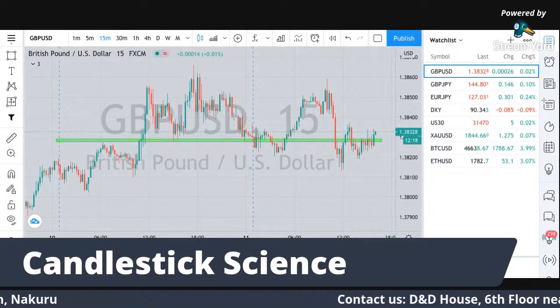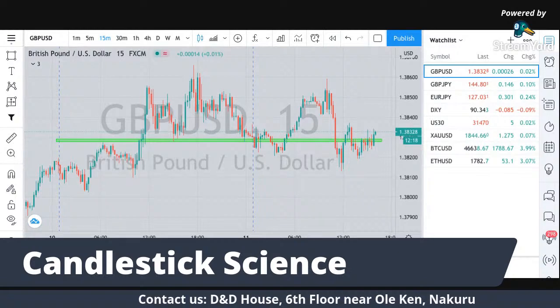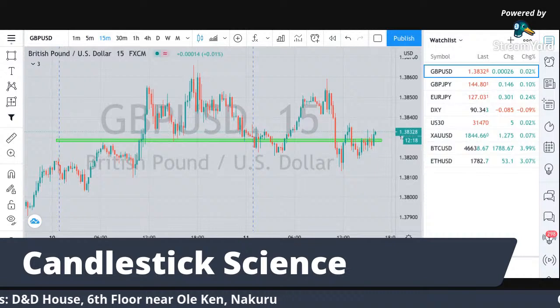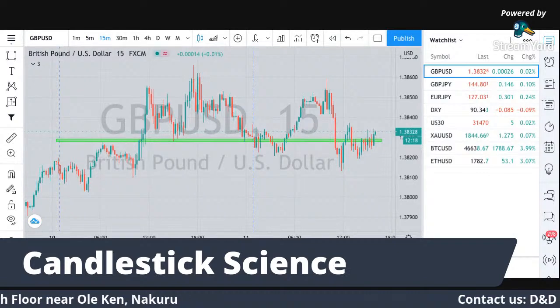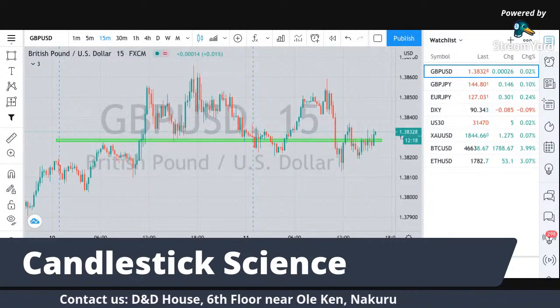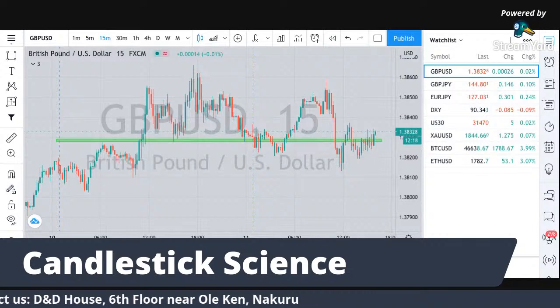Really? Right now? Not yet. Safaricom is coming. Let me reload the page. You don't see it reloading? No. Now?